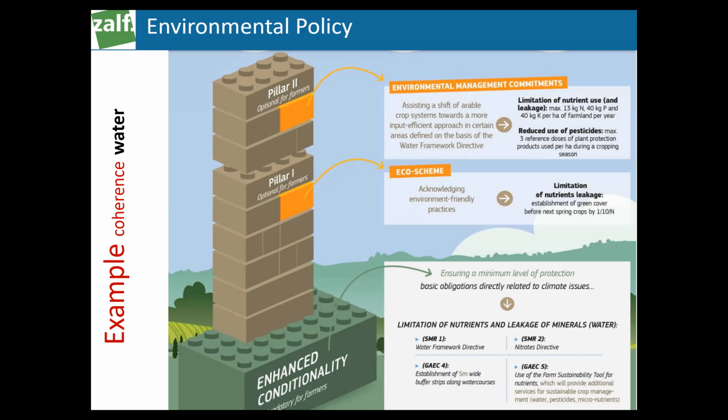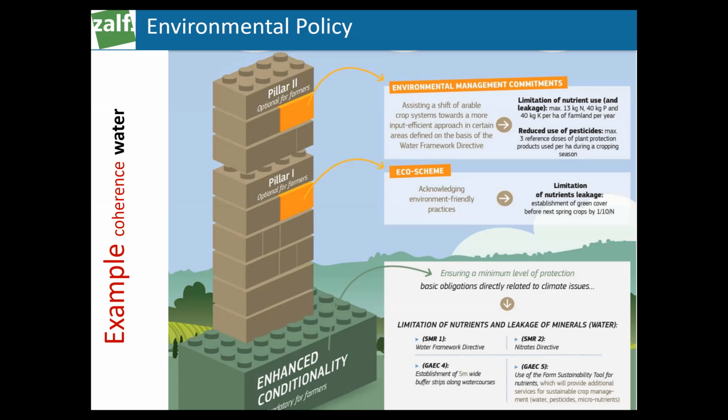Reduced use of pesticides, maximum 3 reference doses of plant protection instead of 4 or 5. That means there is a reduction of the inputs, at the same time a better coverage of the green cover. A green cover, that means the entire package is less nutrients and pesticides leaked into the open water body.